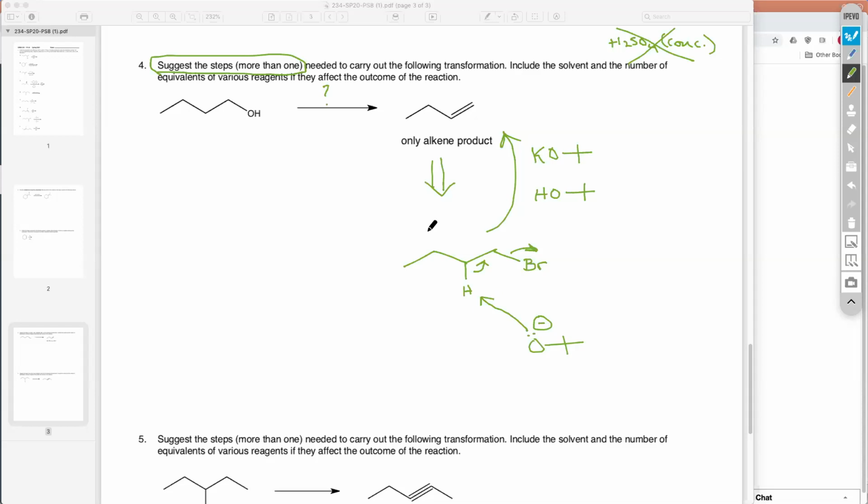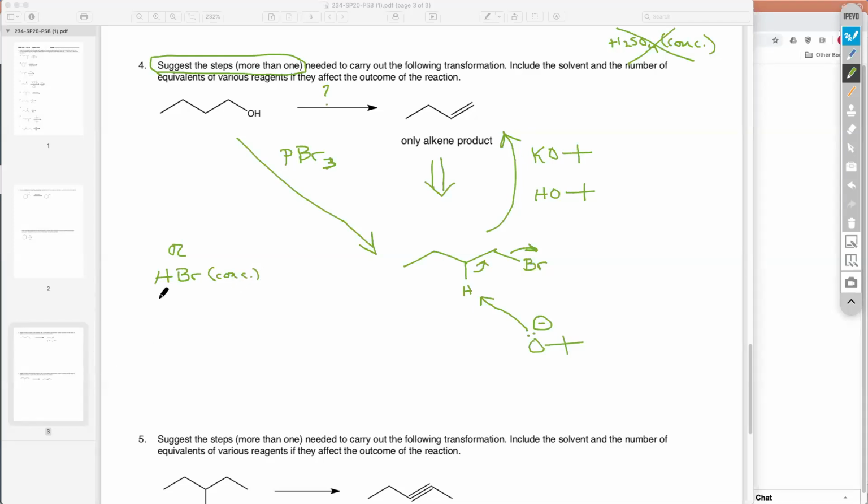So in the notes, I talked about using PBr3. So PBr3 would be one possibility. Or you could use HBr in its concentrated form.